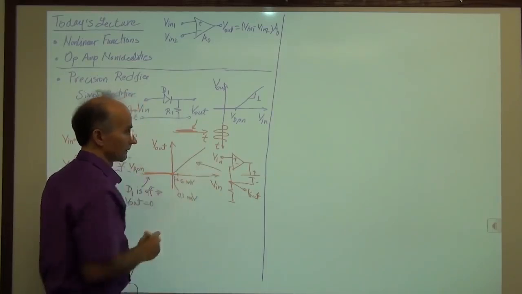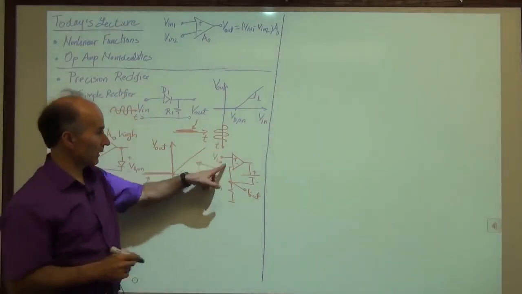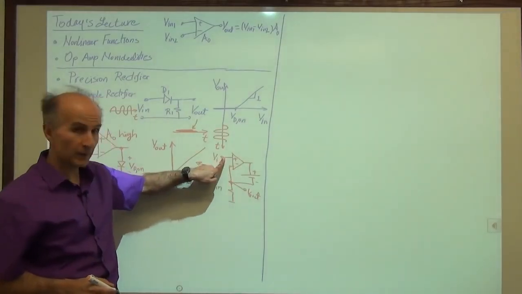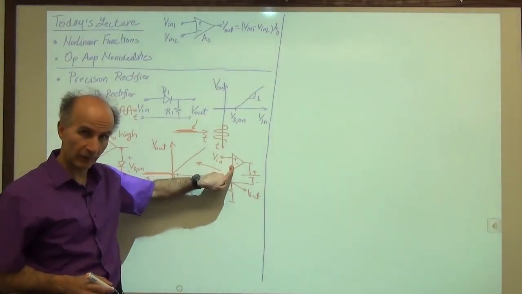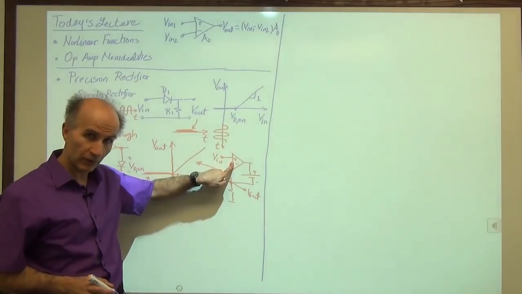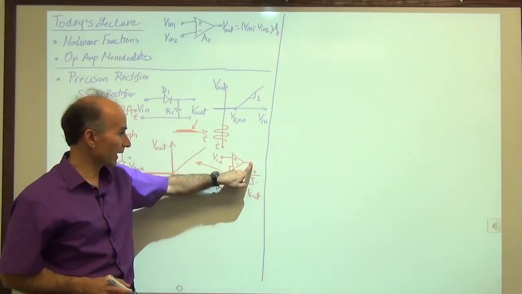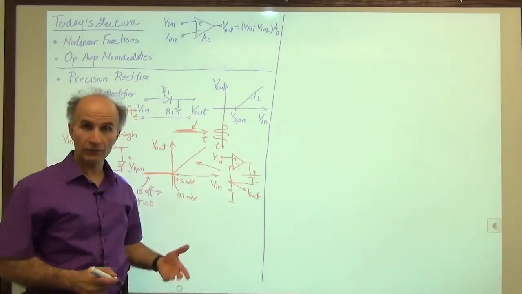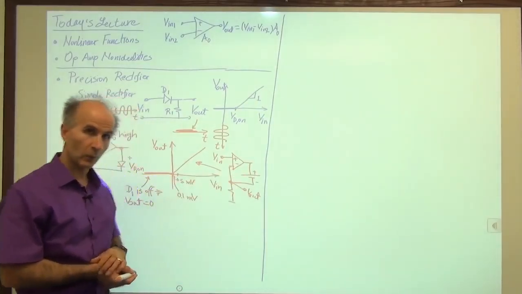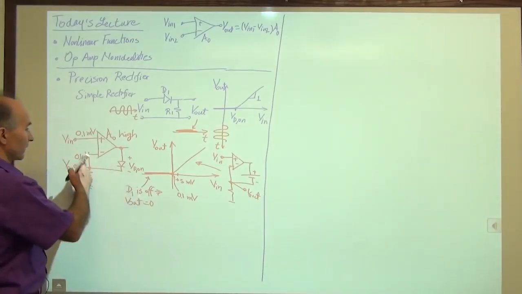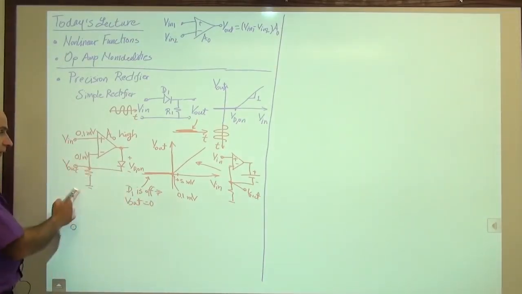In this regime, as V in goes up and down, this point wants to track this point because of the fundamental property of the op-amp. These two inputs always have to be close to each other. So V out is close to V in. And the only thing that happens from here to here is a level shift of 800 millivolts. Whereas in this regime, we don't have a diode, so all we have is no current here, so this voltage is 0.